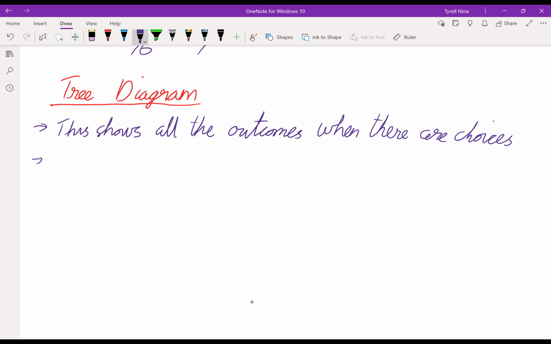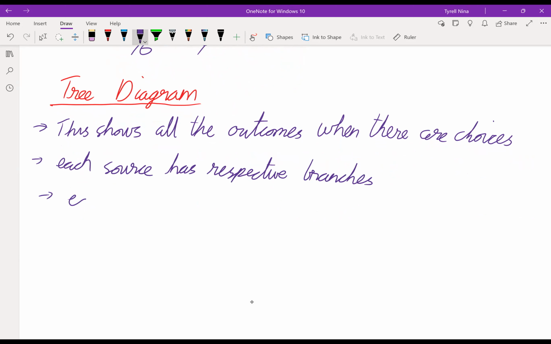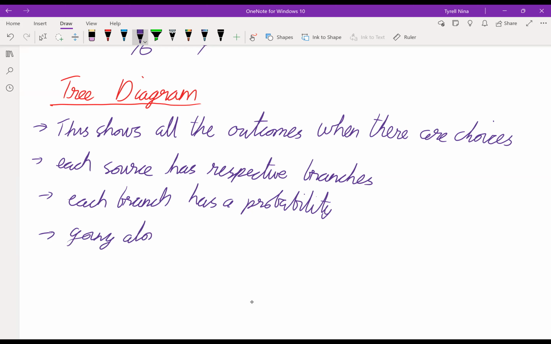Each source has respective branches, and each branch has a probability. I think everyone's okay with tree diagrams. As I'm going over it and going along branches, we multiply.